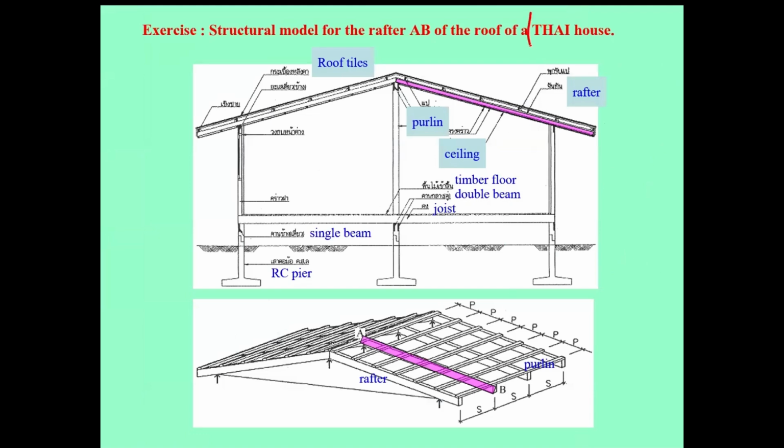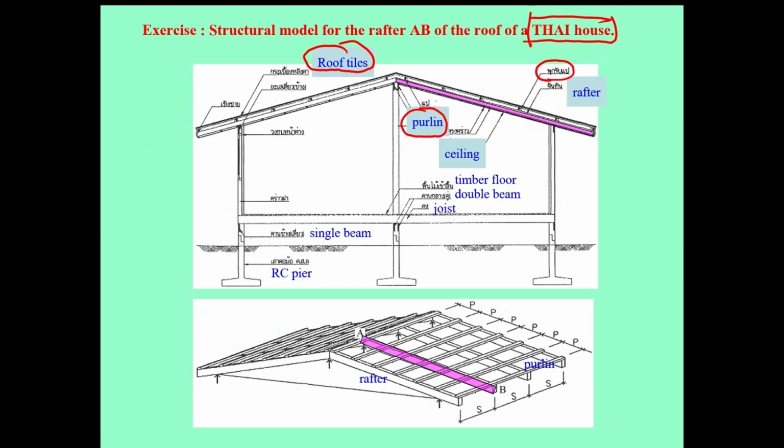I have, okay, very simple. I have one story. The load transfers from the roof, okay, to what? To the purlin, okay, and then from the purlin to the rafter.